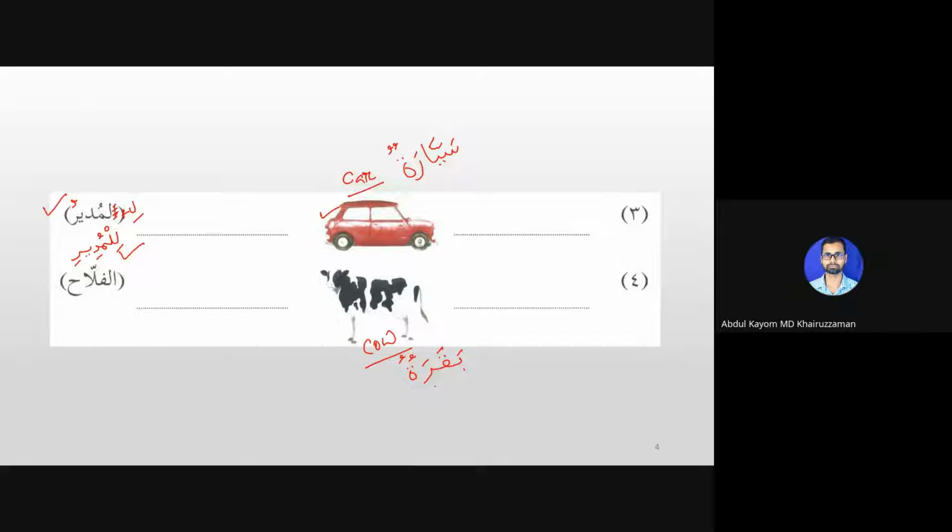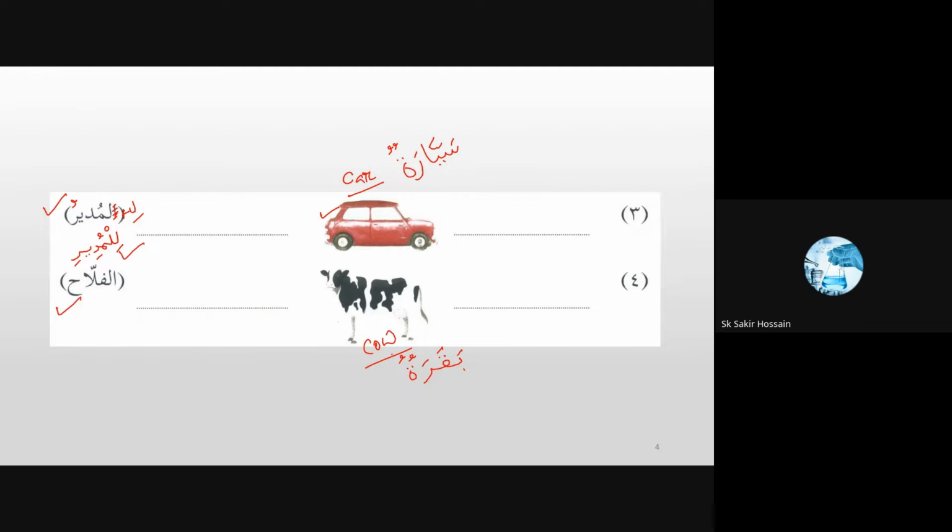We have ta marbuta here, so we have to use hadhihi. So liman hadhihil bakaratu. Then how to say this cow belongs to the farmer? Al-fallah. So how to say that?